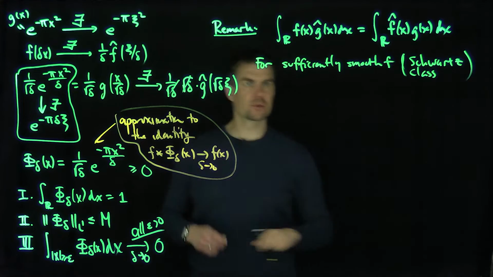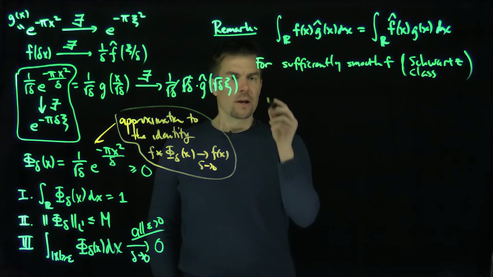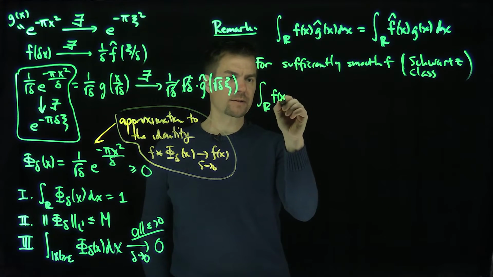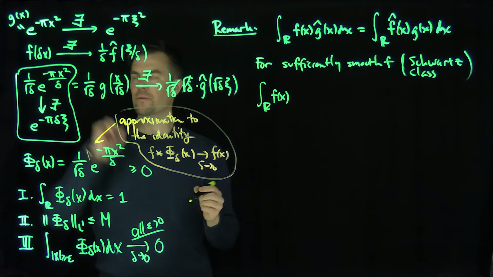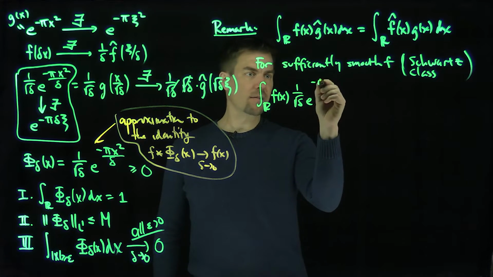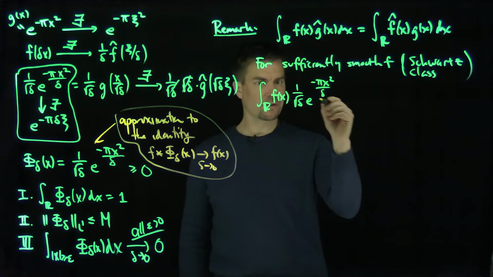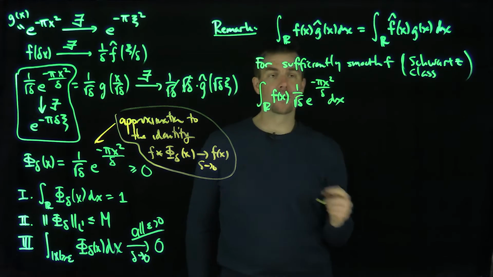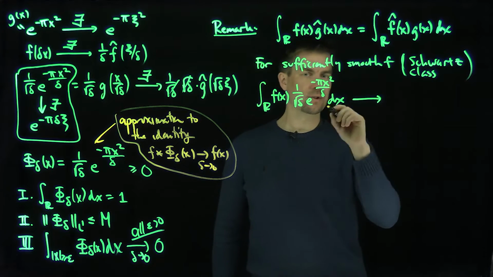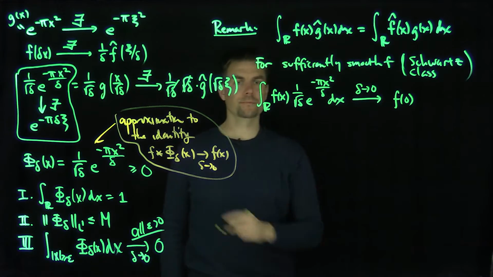And of course, we can extend this too. For any sufficiently smooth f, what can we say? Well, if I look at the integral over R of f of x with these functions over here, with 1 over the square root of delta, e to the negative pi x squared over delta, dx, I know that since this is an approximation to identity, this converges to f of 0 as delta goes to 0, okay?